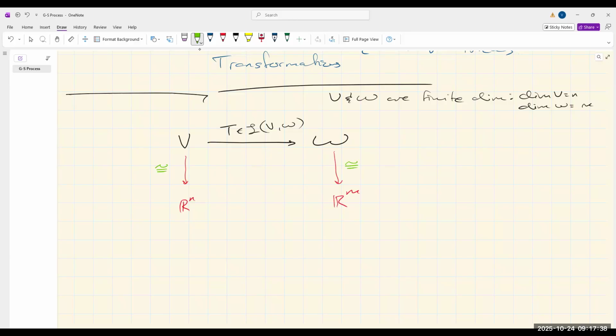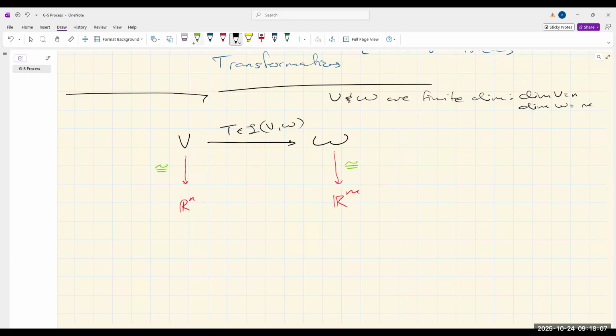Right? And what is the isomorphism map? It's the coordinate map. You take any vector in V, write it in terms of its basis, and then pull out its coordinates. That gives you n numbers. You take any vector in W, write it in terms of its m basis vectors, pull out the coordinates, that gives you m numbers. So these mappings are the coordinate maps, right?